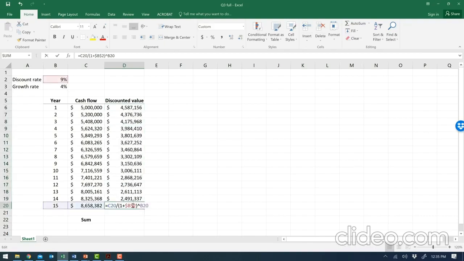For example, in year 15, the present value of the profit that occurs in year 15 would be this value divided by 1 plus discount rate of 9% raised to the power of 15. Now what's left is to add them up. So the sum of these discounted values would represent the total present value of all profits generated by this nanorobotic device.